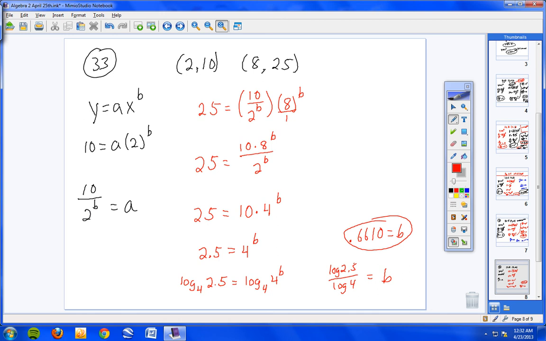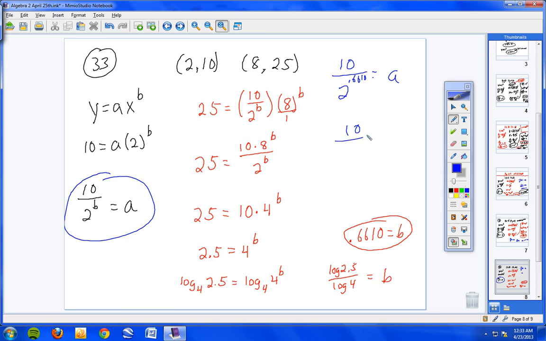Now, look, come over here. Look at my pen. You know, right here, you know what b is. You can put a number in for b. So take this right here, and where b is, we're going to put 0.6610. So we have 10 over 2 to the 0.6610 equals a.